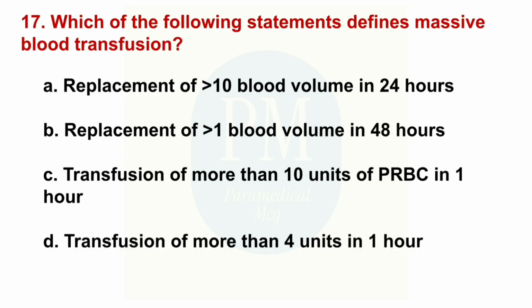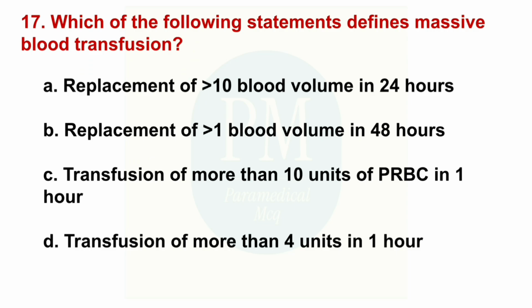Which of the following statements defines massive blood transfusion? Option A, replacement of greater than 10 blood volumes in 24 hours. Option B, replacement of greater than 1 blood volume in 24 hours. Option C, transfusion of more than 10 units of PRBC in 1 hour. Option D, transfusion of more than 4 units in 1 hour.